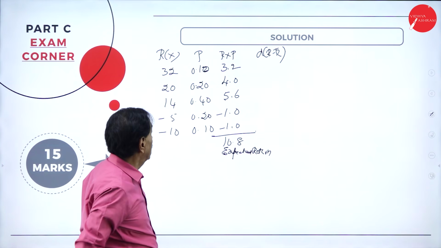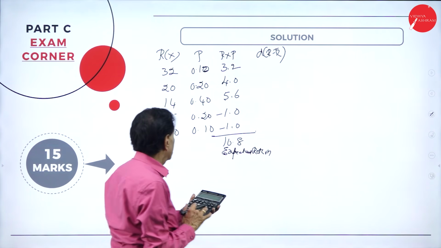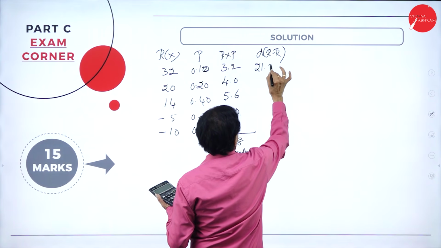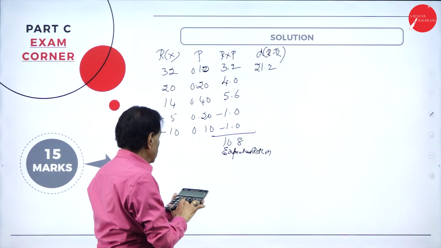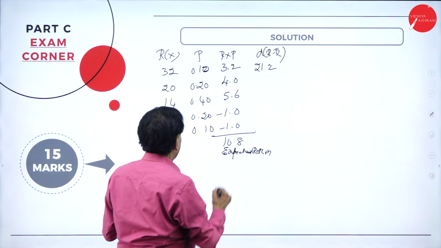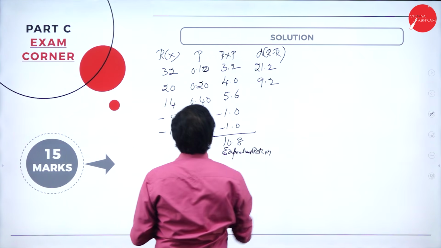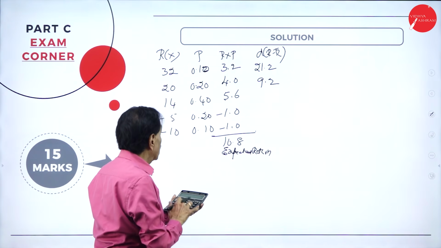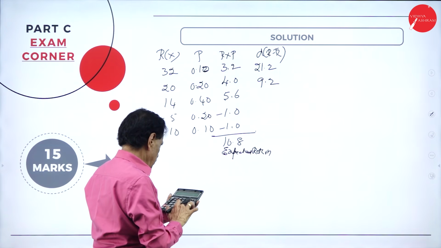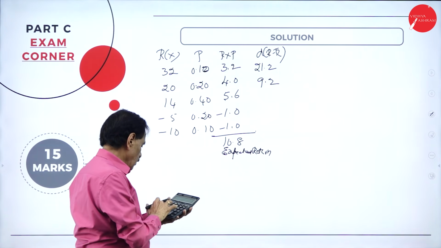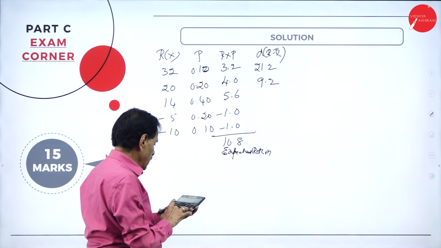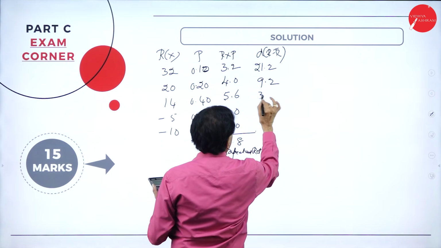Your R is 32. 32 minus 10.8 is 21.2. 20 minus 10.8 is 9.2. 14 minus 10.8 is 3.2.